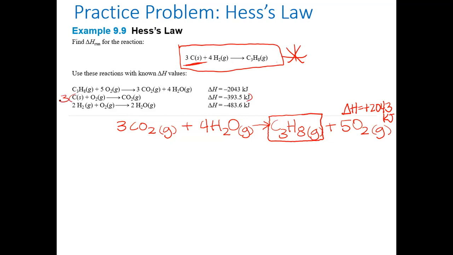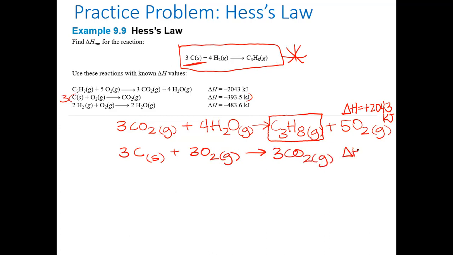I'm going to do the exact same thing to its delta H. So it becomes 3 carbons plus 3 oxygens yields 3 carbon dioxides.